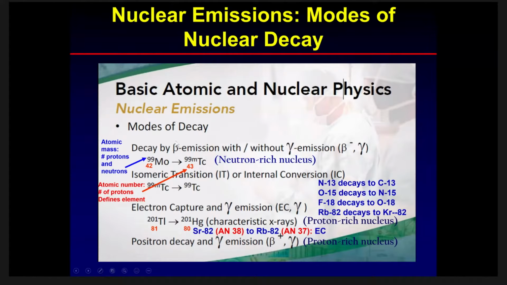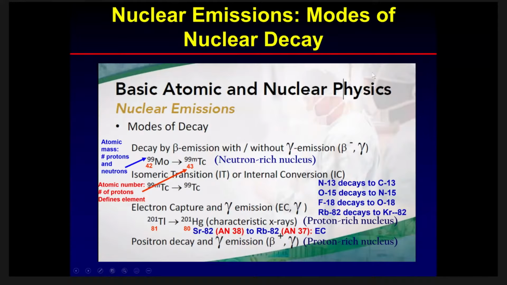So there are many ways in which these occur, both in terms of developing the radiotracer we're going to give the patient, such as molybdenum to technetium, as well as looking at what happens with the radiotracer that's injected, such as thallium, which decays to mercury.